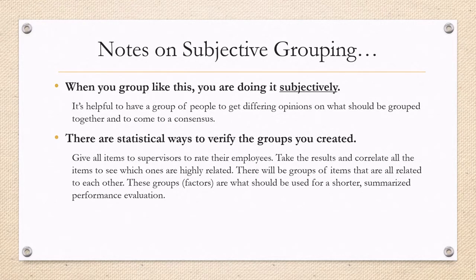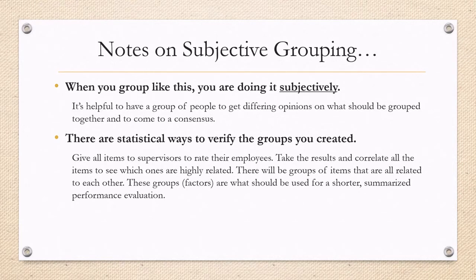So if you have a supervisor rate someone low on prepare, manipulate, and manage extensive databases, they're also likely going to rate them low on processing information and developing technical and scientific databases. So we look at the correlations and see the groups where things correlate highly with each other. So these groups or factors are what we should use for a shorter summarized performance evaluation.